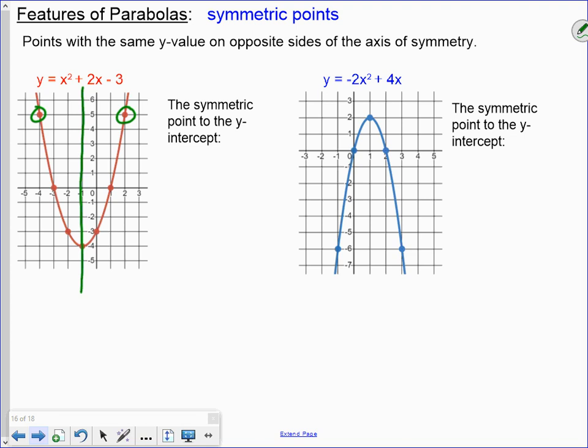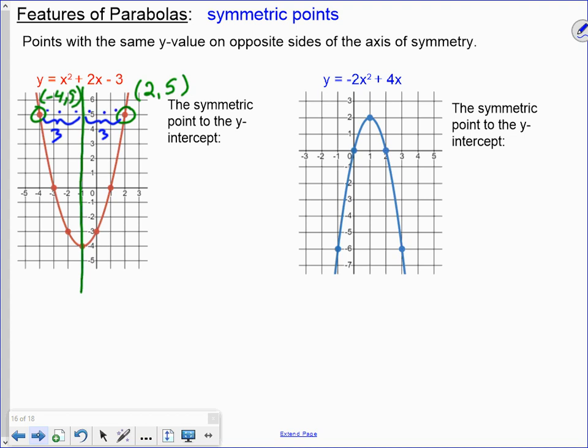So we've got a point here that is (2, 5) and a point here that is (-4, 5). Same y value, just on opposite sides of the parabola. They also have to be the same distance from the axis of symmetry, because that's what symmetric means. Our point (2, 5) is a distance of 3 from the axis of symmetry. Our point (-4, 5) is also a distance of 3. 1, 2, 3, 1, 2, 3.